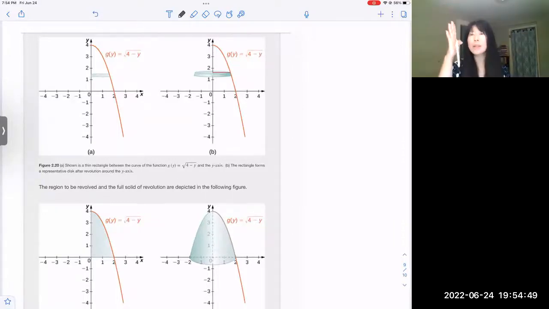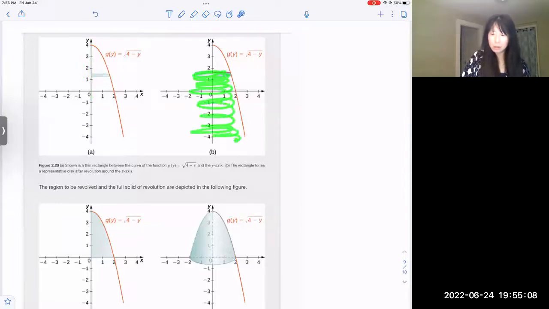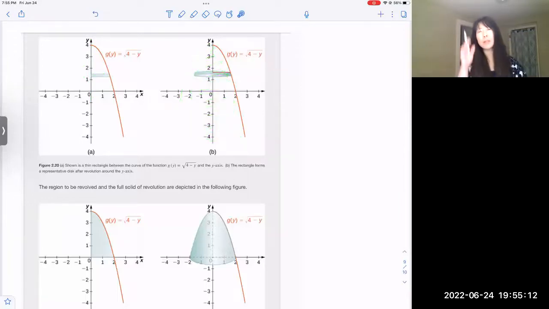They say rotating about the y-axis. So we have the y-axis there. Rotating about the y-axis means reflecting the graph about the y-axis, right?